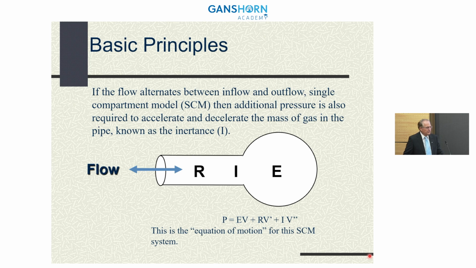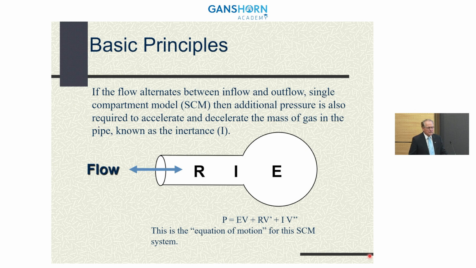So as flow alternates between inflow and outflow of the lung, in this single compartment model, and obviously the lungs have millions of compartments, so this is a small characterization of that, it requires additional pressure to accelerate and decelerate a mass of gas, and that is known as inertance.